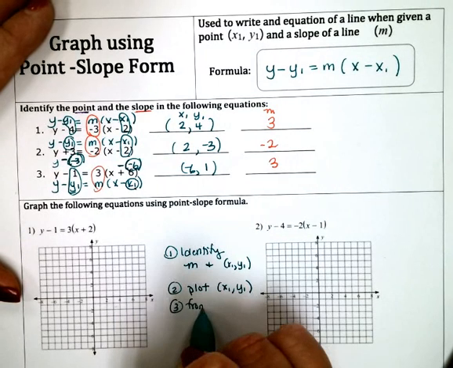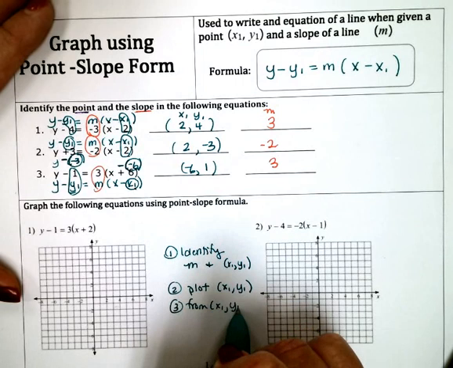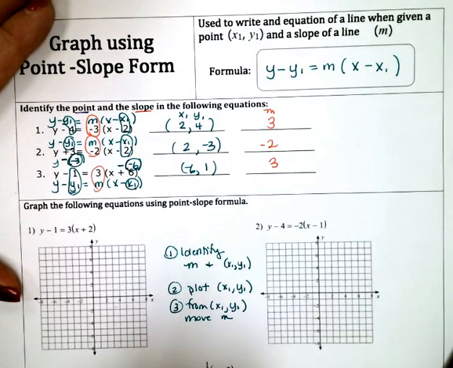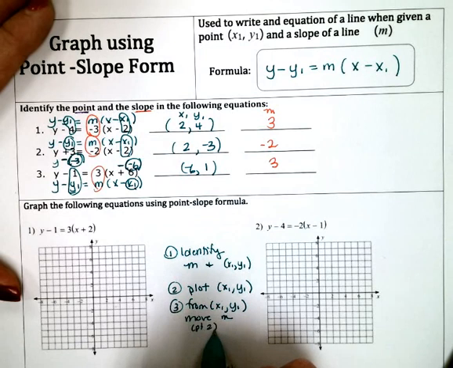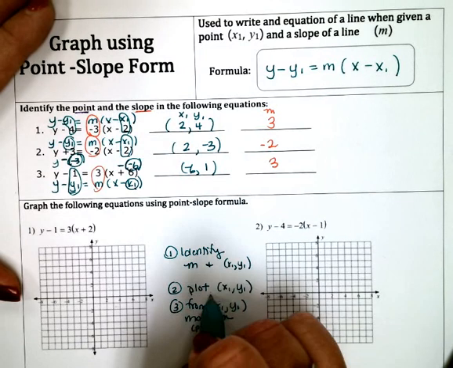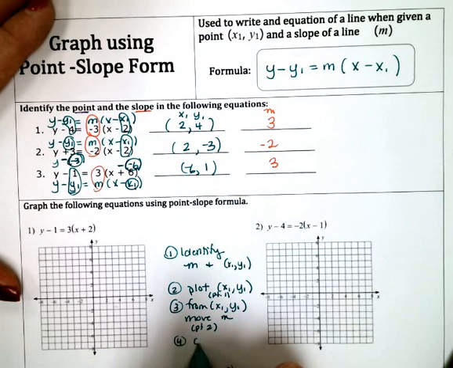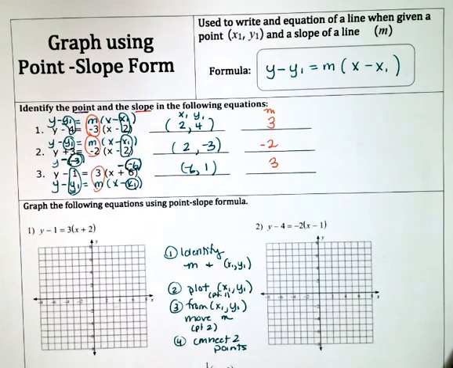Step 3, from my ordered pair, I'm going to move my slope. That makes my point number 2. Sorry, this makes my point number 1, just in case we were unsure. And then I'm going to connect the 2 points. Easy schmeezy. So let's do it.